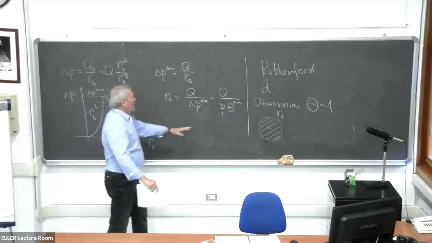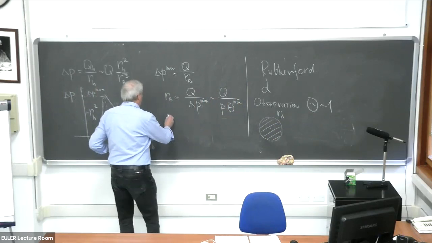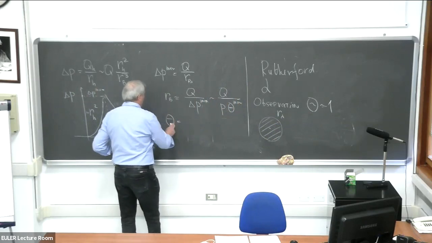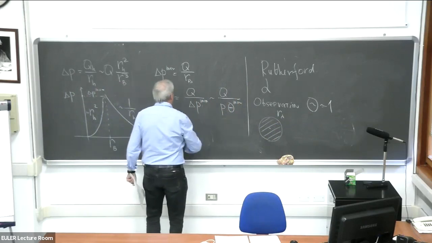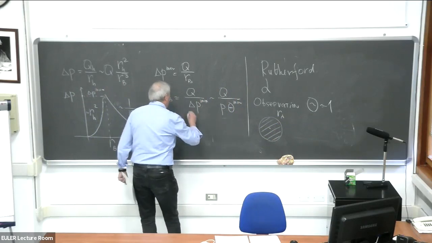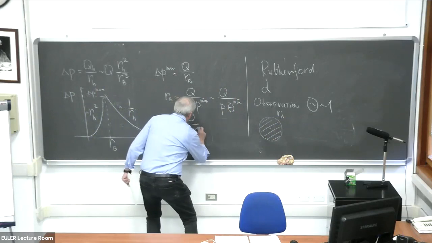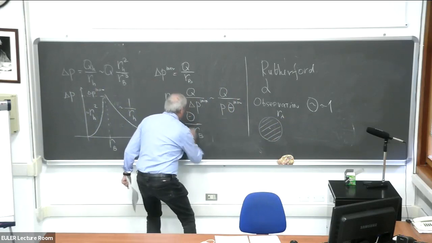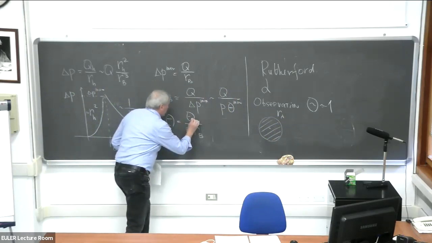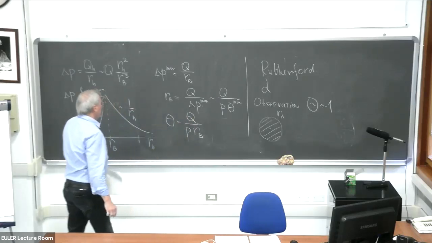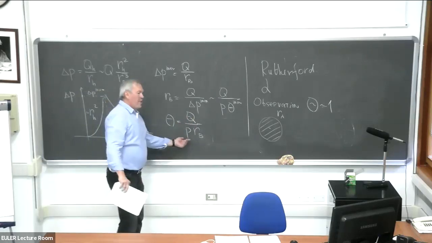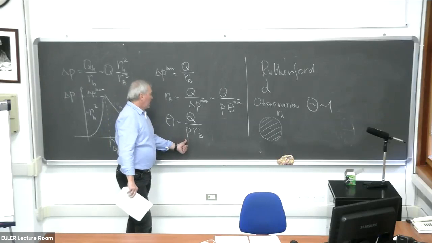Just using this relation, so that theta is Q over P and R_B. This is Q, right? So from this relation, he knew what the momentum of the alpha particle is.